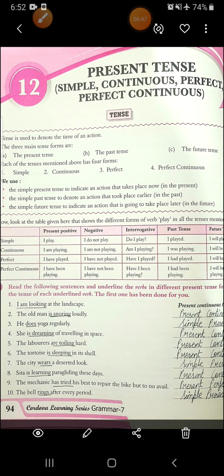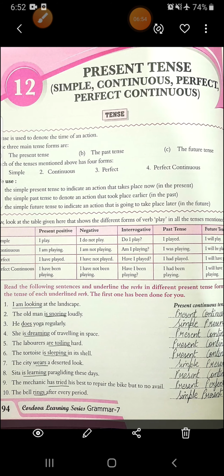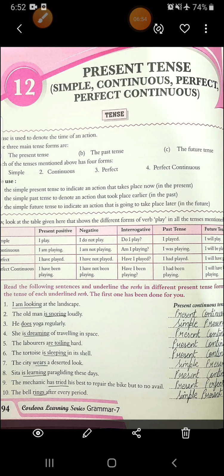Then see the seventh one, the city wears a deserted look. Wears is your verb and it is given in simple present tense. Eighth, Sita is learning paragliding these days. Is learning is your verb and it is given in present continuous form. Then ninth, the mechanic has tried his best to repair the bike but to no avail.